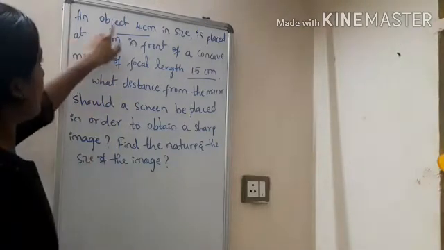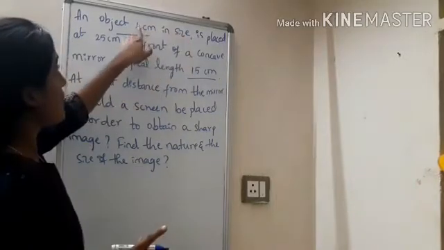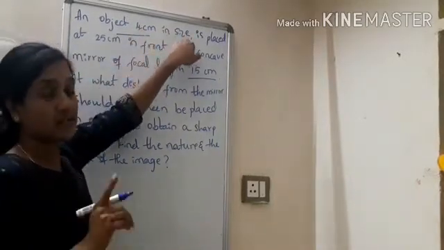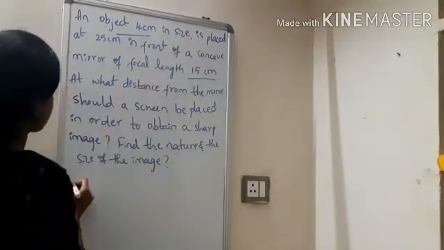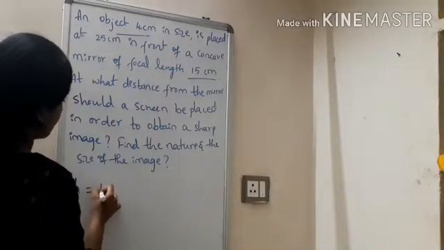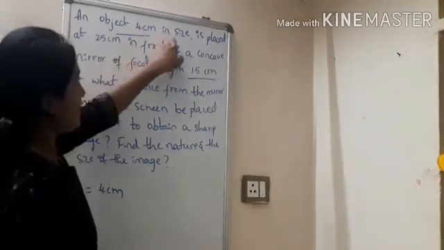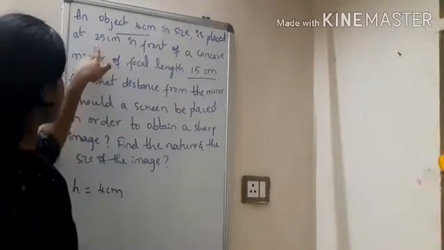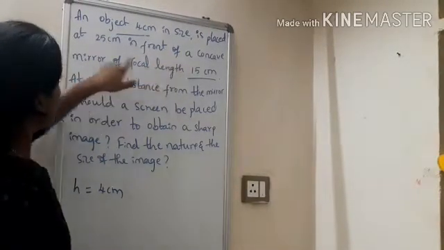An object 4 centimeter in size. That means the height of the object they have given, h, is equal to 4 centimeter. An object 4 centimeter in size is placed at 25 centimeter in front of the concave mirror.